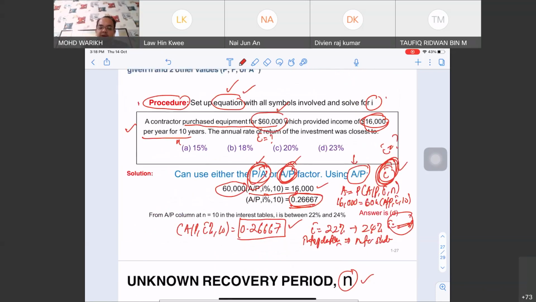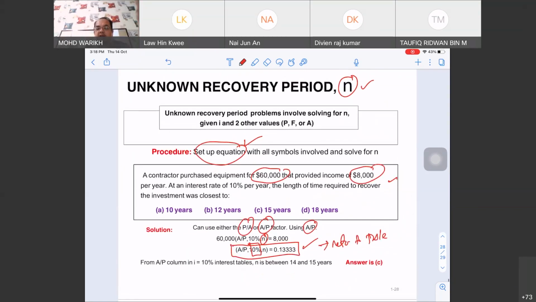We don't know which page, because the keyword to refer to the table is I, but in the question we don't know the I, so we have to refer to each page. But in this case, for n, we just refer to the year 10 column. So from the page, the closest one is about 14 to 15 years, and then you get the answers.